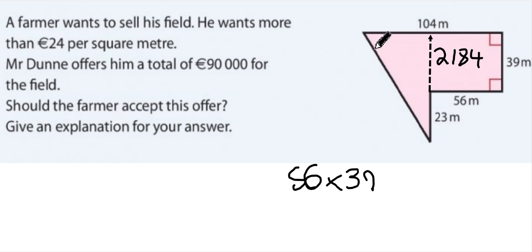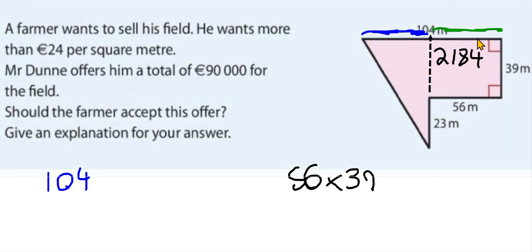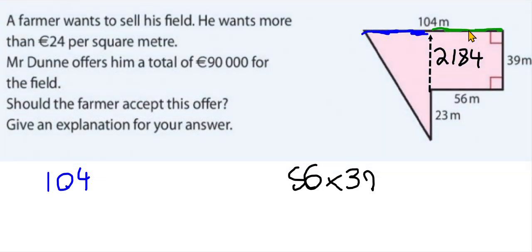Now, can everybody find me the length of the blue line? It's not half 104. It's 104, take away the 56, because they're going in the same direction. Because look what happens when I bring up the green line. The green plus the blue equals 104. So that means that's 48. Everybody happy with 48?